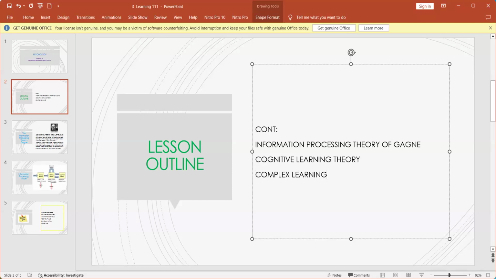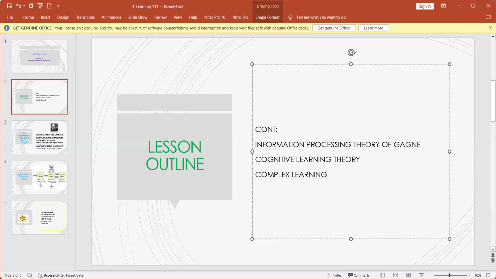Learning is not just observation, but learning includes the processes of sensation, perception, storing, retaining, and retrieving information from the memory and using it for problem solving and logical thinking. So we term it as complex learning.